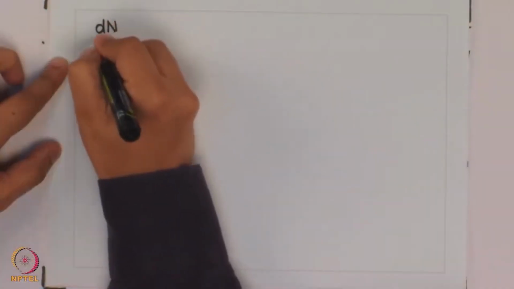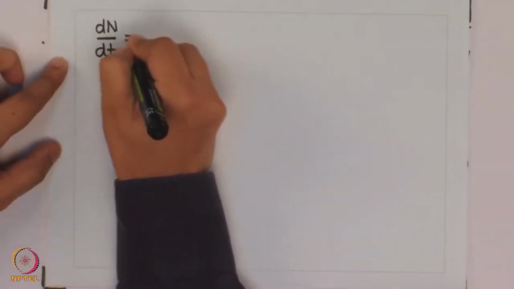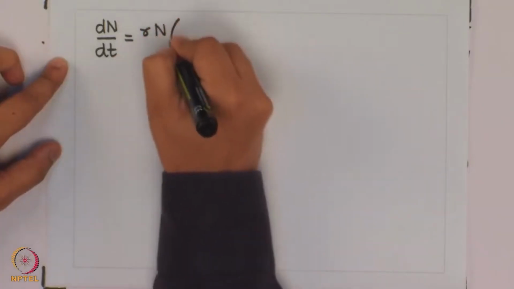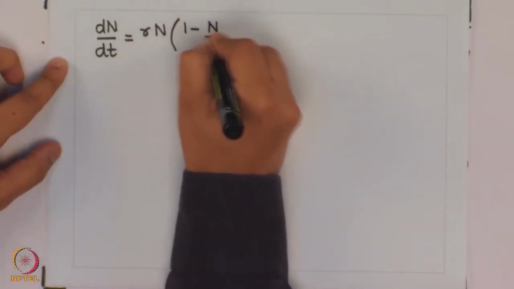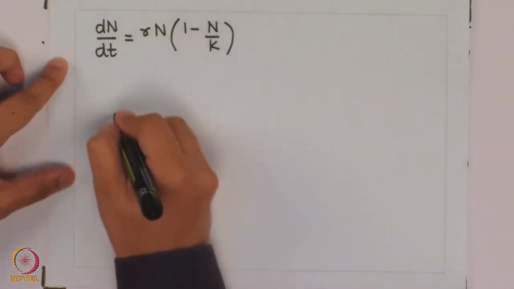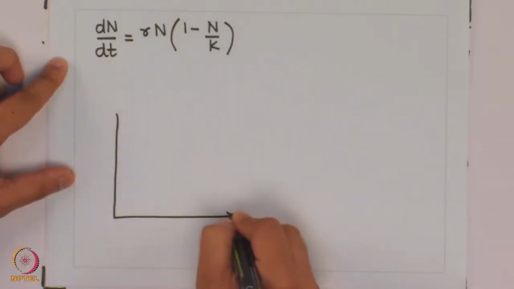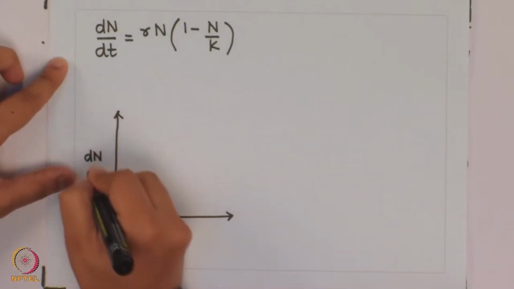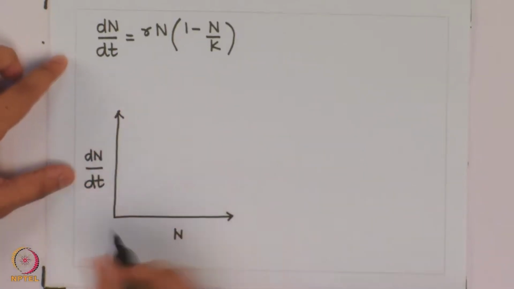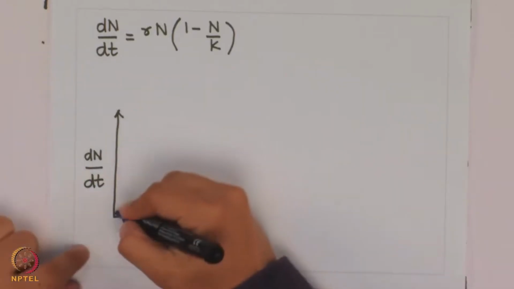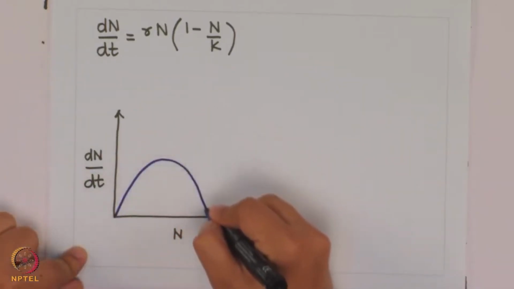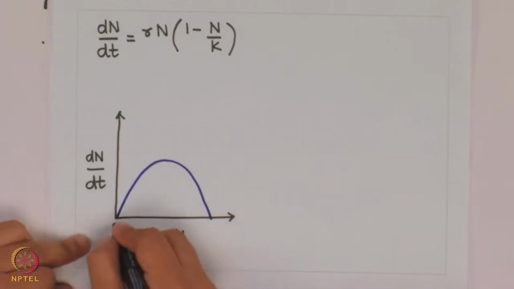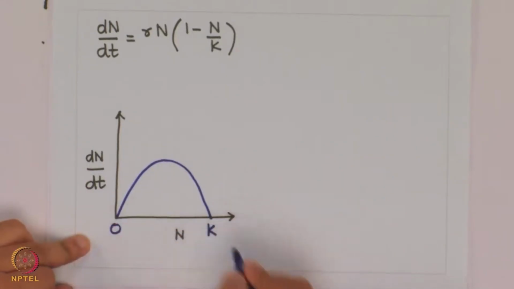So let us go back to the logistic equation and analyze it one more time. Again, our equation is dn by dt equals Rn times 1 minus n upon k, and when I did the plot to analyze the stability of the system, I plotted n against dn by dt, and we saw that that graph looks something like this, a parabola which meets the x axis at n equal to 0 and n equal to k.